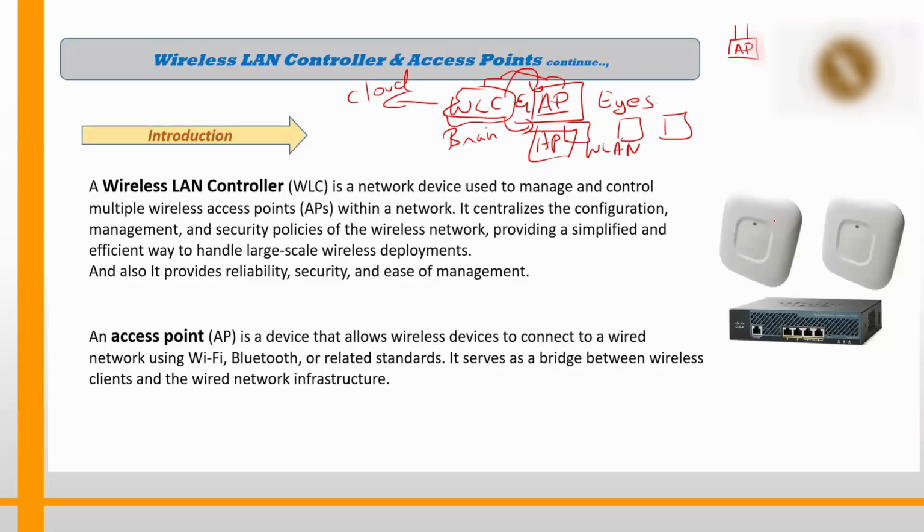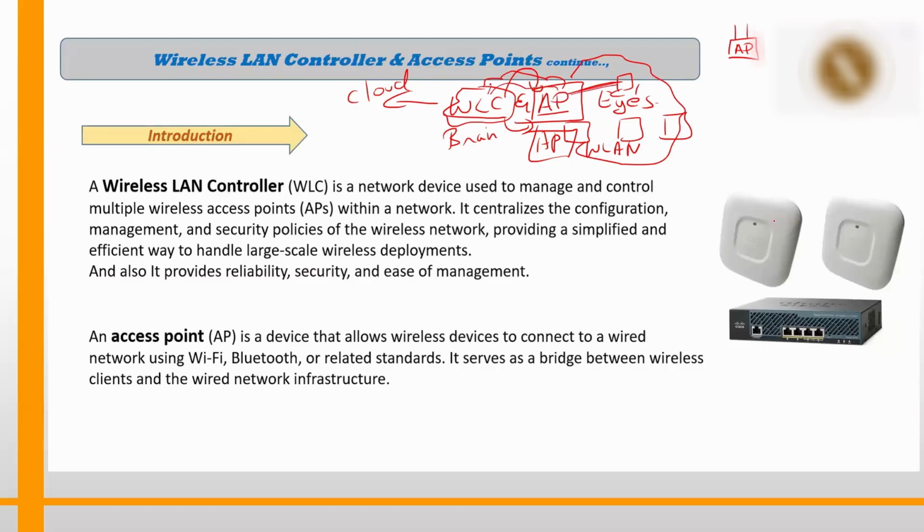So we have two kinds of architecture. So before going to that, I hope you got what is WLC and what is access point. So WLC manages access points in a centralized fashion, where the access point is like an eye, and those eyes are going to give all the information about the wireless LAN environment around it, the clients' details and all the activity that is happening.